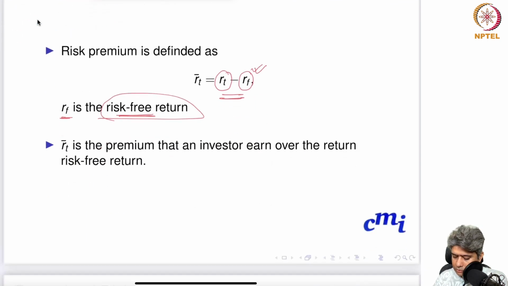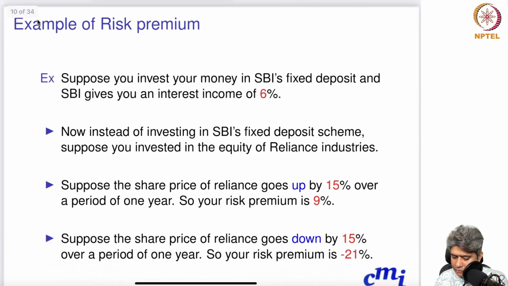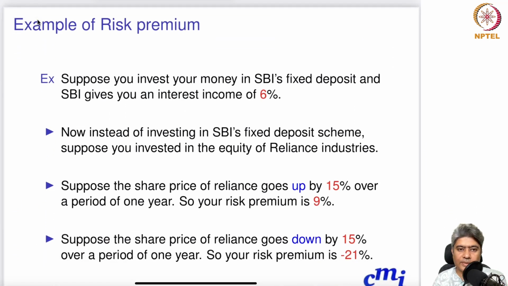Okay, so here let's try to understand an example of risk premium. Suppose you invest your money in SBI's fixed deposit and SBI gives you interest income of 6%. By the end of the year SBI will give you a guaranteed 6%.